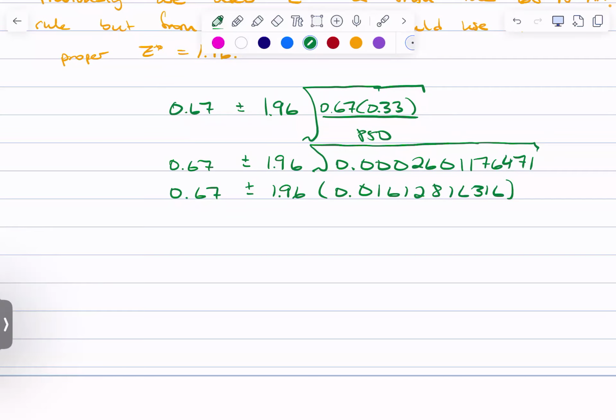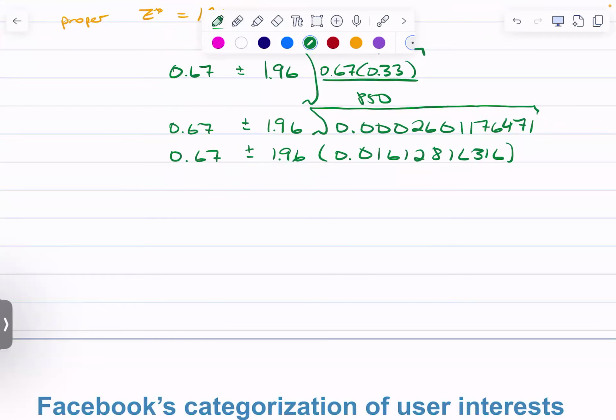I want to make sure that you keep all your decimal places, as much as possible. Now that I've taken care of the square root, I can multiply by 1.96 because I want to find what this whole plus minus chunk is first. Times 1.96, and I get plus minus 0.0316111998.